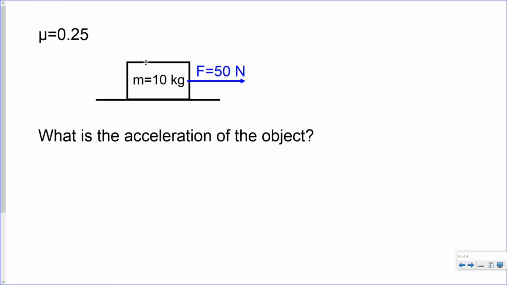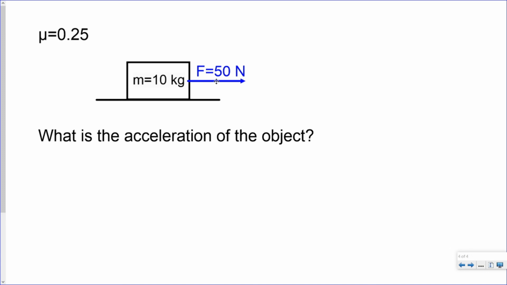So I've given you a setup here, and I've asked again, similar to the first question, what is the acceleration of this object? So draw a diagram with all forces labeled as step number 1. I do not have all forces labeled. I have my mass here. It's 10 kilograms. It's sitting on the ground. And I have an applied force pointed to the right of 50 newtons.